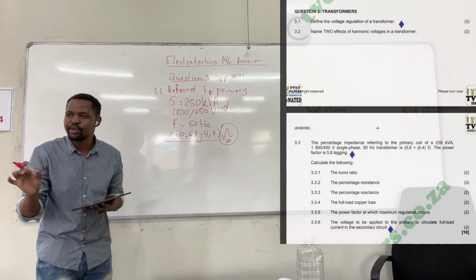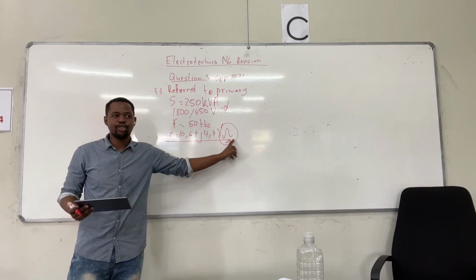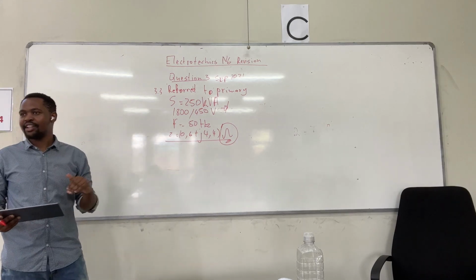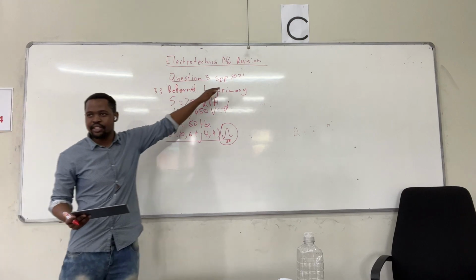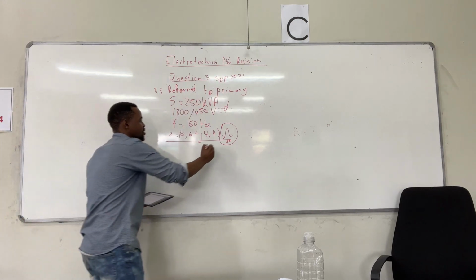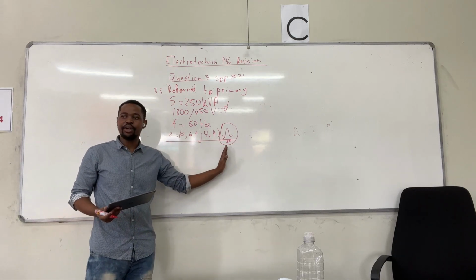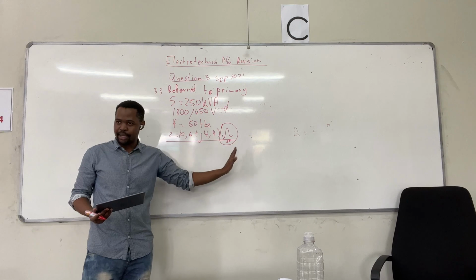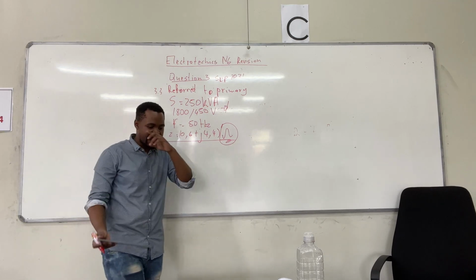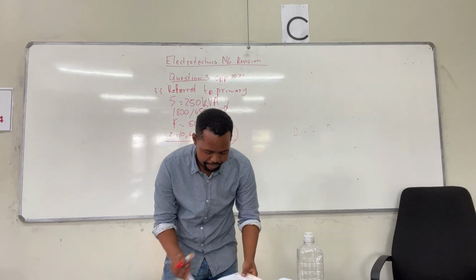Percentage values, per unit values, have no unit. So basically it was an error of the question paper. So we will take it as percentage impedance. I can even verify it for you in the textbook.